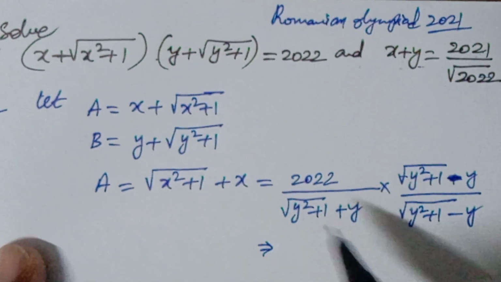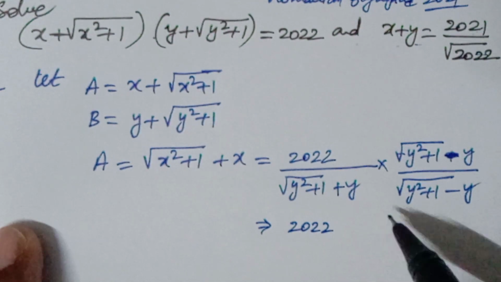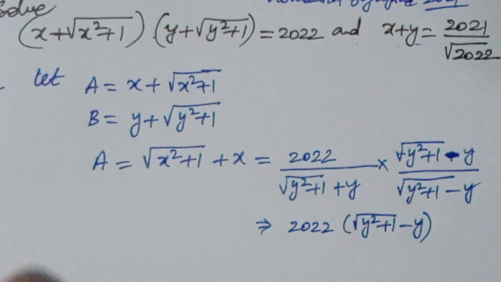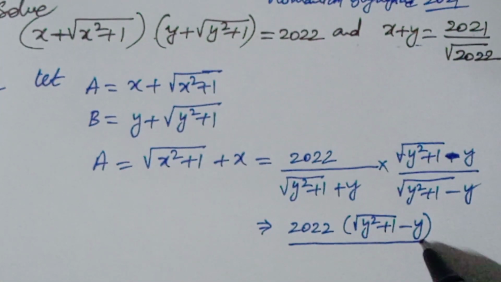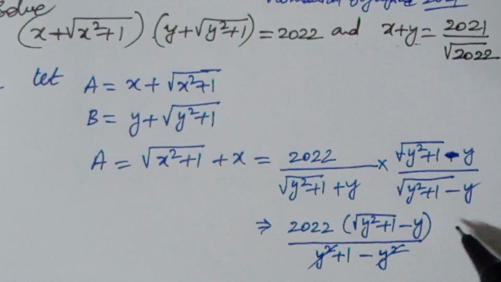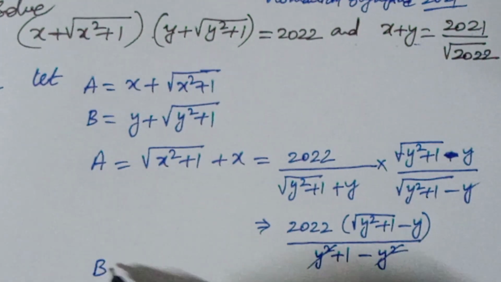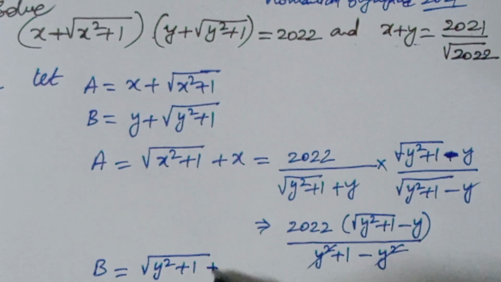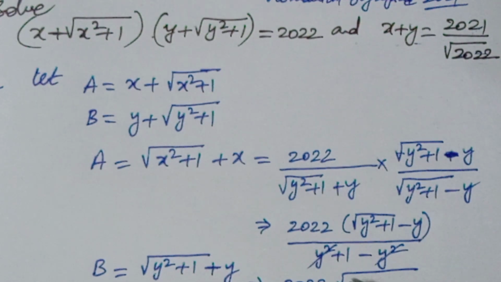So this one you can get as 2022 into (√(y²+1) − y). The denominator is (a+b)(a−b), y²+1 − y² cancel, we get 1 now. In the same way, b can be written as 2022(√(x²+1) − x).